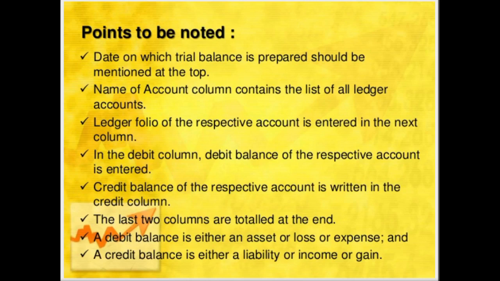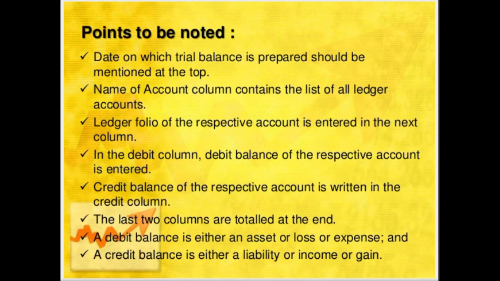Now we should know which account has a debit balance and which account has a credit balance. So here it is written that assets, losses or expenses are the debit balance accounts.